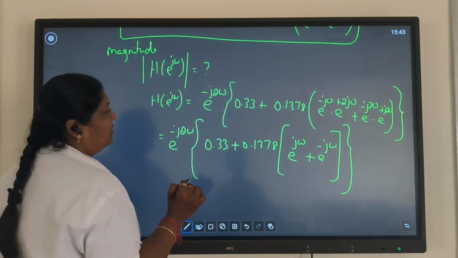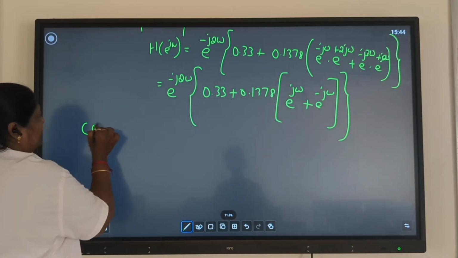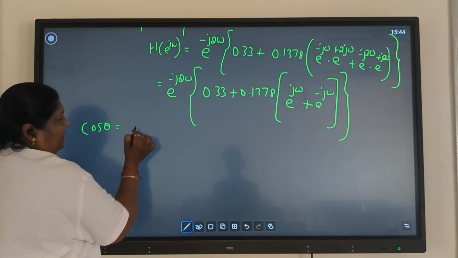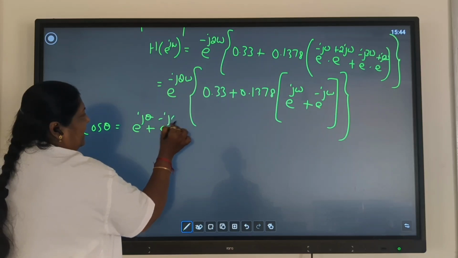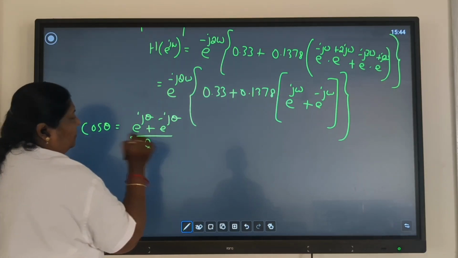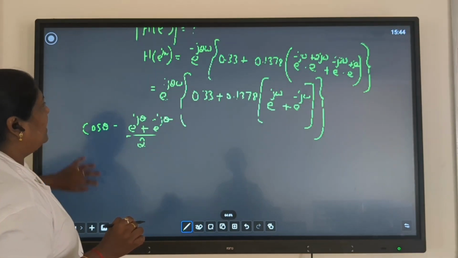So you know the trigonometric formula that cos theta is equal to e power j theta plus e power minus j theta, divided by 2. Now I am going to use this formula and simplify.